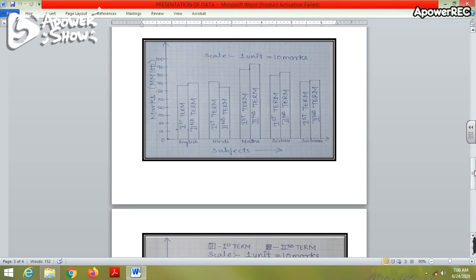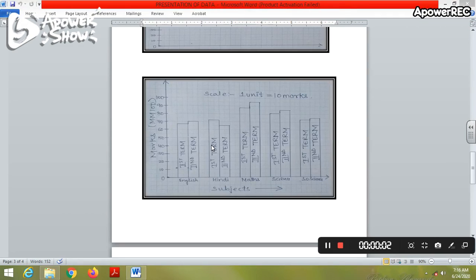So we represent the marks here as 67 and then 70. The first bar represents the marks obtained in first term, and the second bar represents the marks obtained in second term. Similarly, you can draw the bars for other subjects as well.